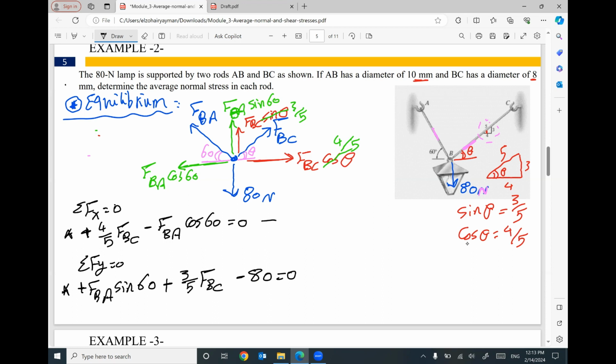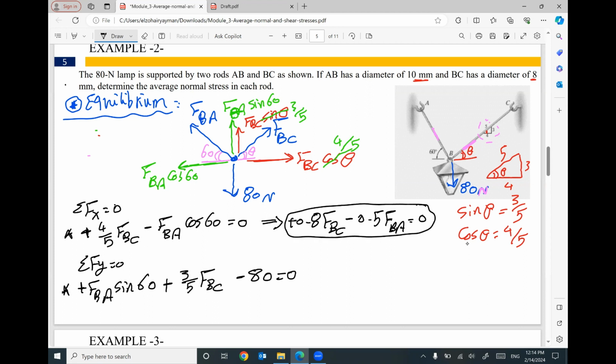Let me simplify this one. So we have positive 0.8 FBC, negative cosine 60, which is 0.5, FBA equals 0.